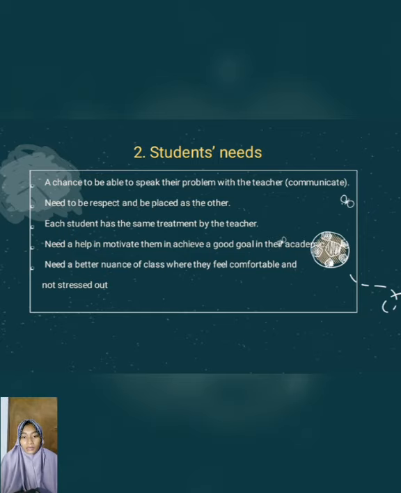So as the teacher, we have to provide a safe situation and condition that makes the students feel comfortable, and it will directly affect their academic achievement and also their performance and participation in the class.